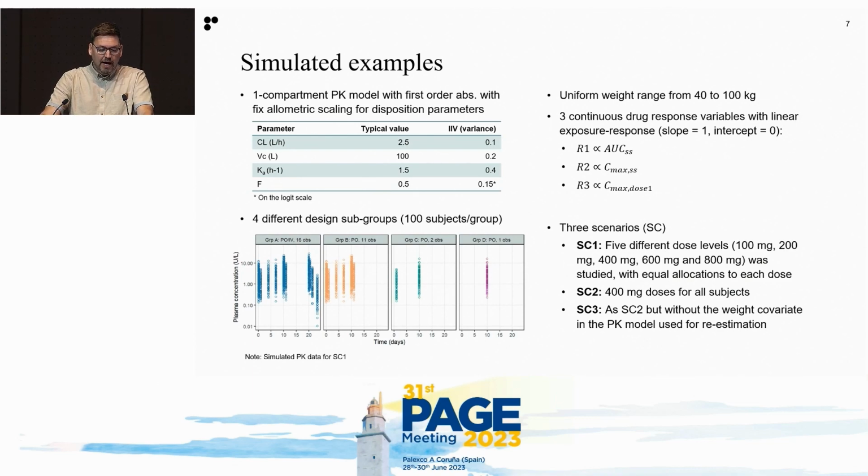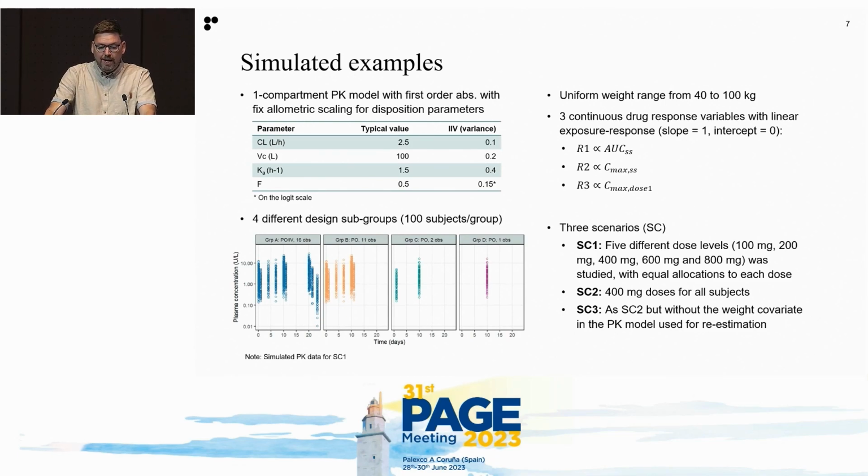Subgroup A having a semi-rich sampling design and both oral and IV dosing. Group B having semi-rich sampling but only oral dosing. And subgroup C and D having sparse and very sparse design in the form of 2 or 1 trough PK sample. We also simulated a uniform weight range for this population.